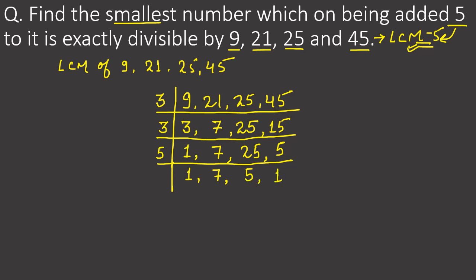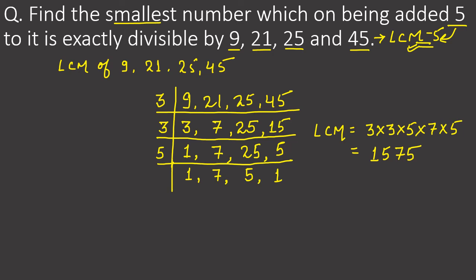Now in the remainders we have 1, 7 and 5, which have no common factor. So LCM will be equals to 3 into 3 into 5 into 7 into 5. So their product is equals to 1575.